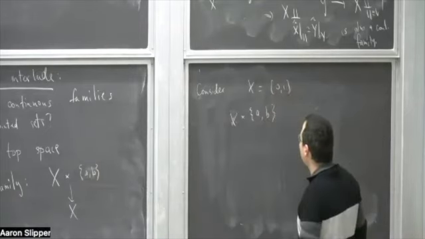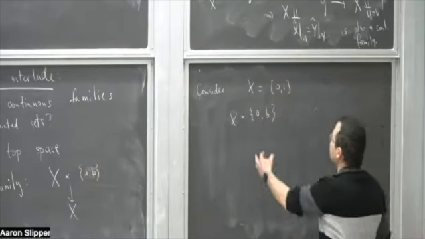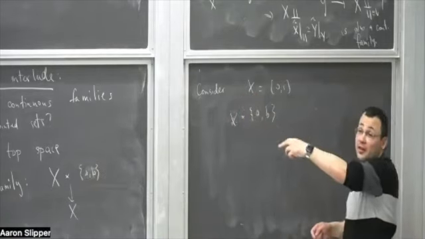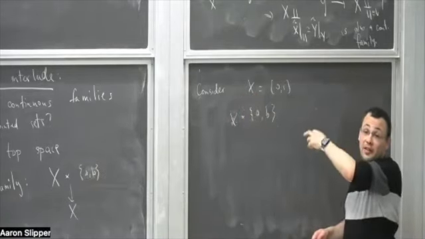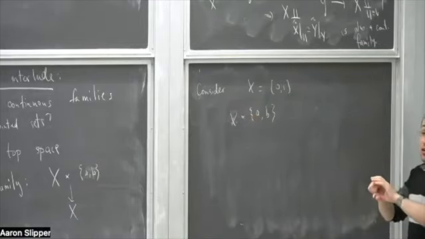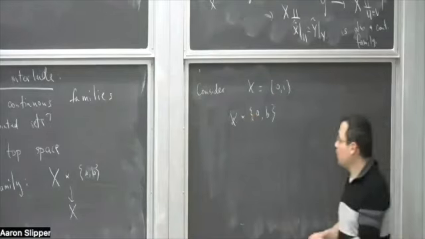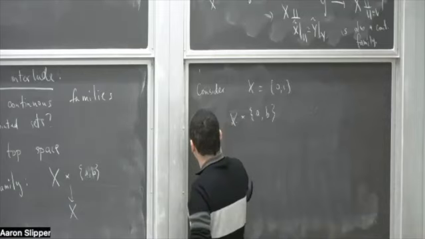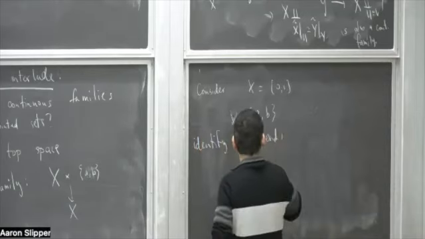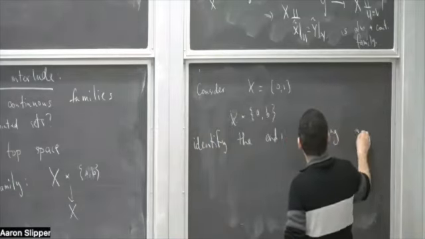Here's my two-pointed set. Now what I'm allowed to do is glue it to itself. I can take a little collar of 0, a little neighborhood of 0, and a little neighborhood of 1, and identify them to get something over a circle, but there's a choice. I could swap the order, identifying the ends, swapping A and B.